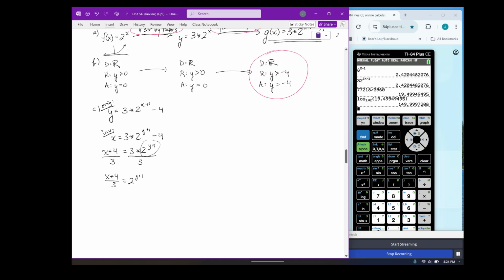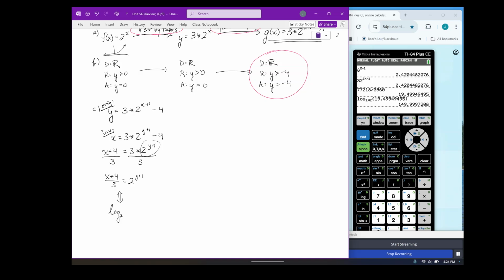And now I can use my conversion. B to the c equals a turns into log base b of a equals c. So my b is 2, my base is 2. So this thing is going to turn into log base 2 of, so actually, let me do it this way. I think this tends to confuse people a ton.